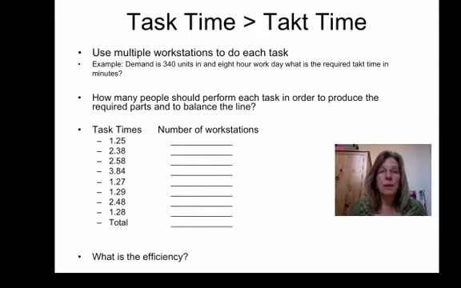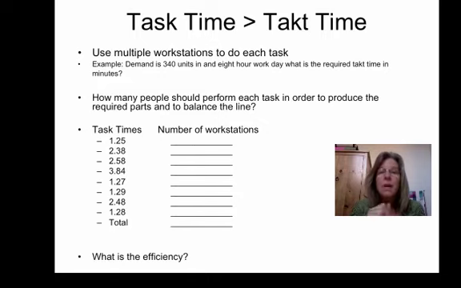But I'm going to go through a couple of examples here because it's a little bit different depending on whether the task time is less than the takt time or greater than the takt time. The task time is the bit of time that you need in order to make a part, if you've broken it down into the elements that you've time studied.